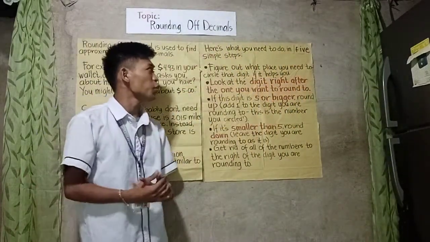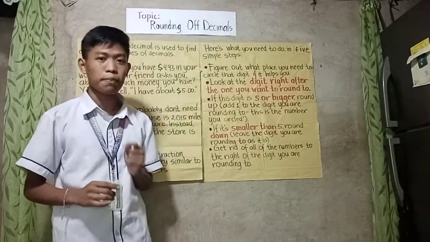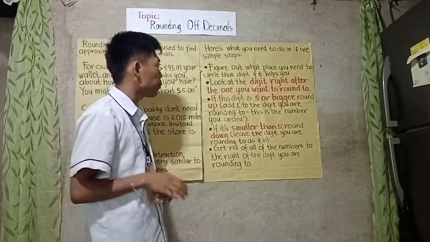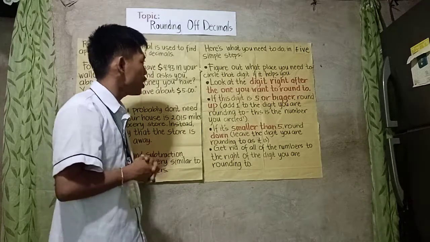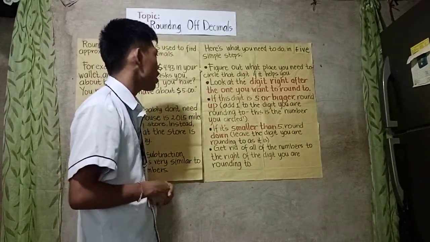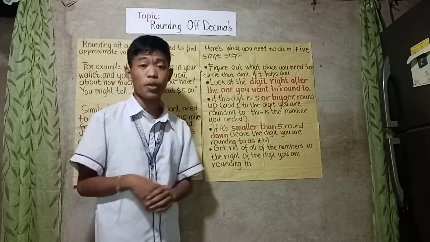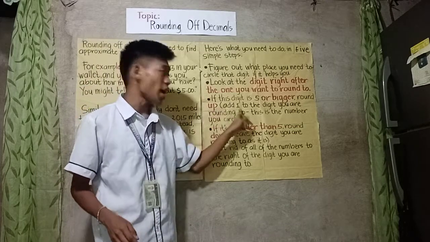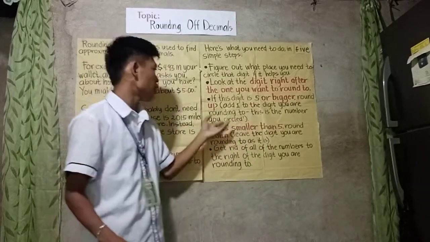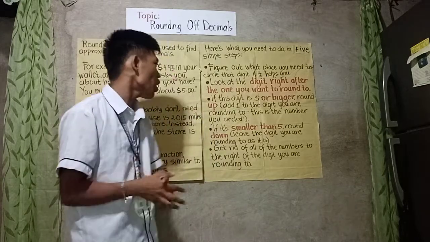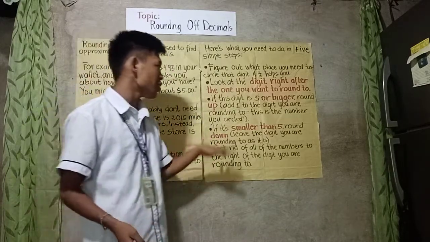So here's what you need to do in 5 simple steps. The first one is you just have to figure out what place you need to round to, and circle that digit if it helps you. Second, look at the digit right after the one you want to round to. Third, if this digit is 5 or bigger, round up, and you have to add 1 to the digit you are rounding to, the number you circled.